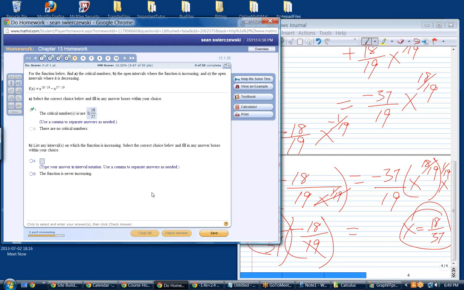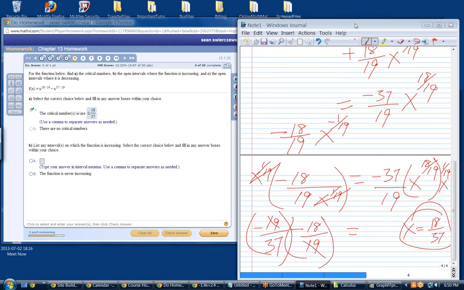Okay, the intervals where the function is increasing. I don't know. I'd have to see a graph. Well, let's figure out whether I can pull it up on Wolfram Alpha easy enough.